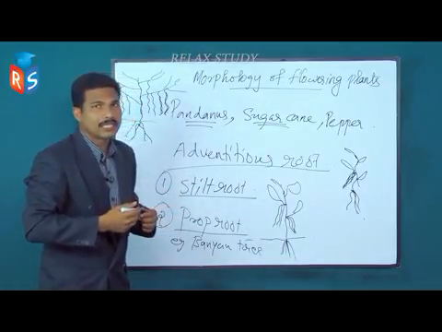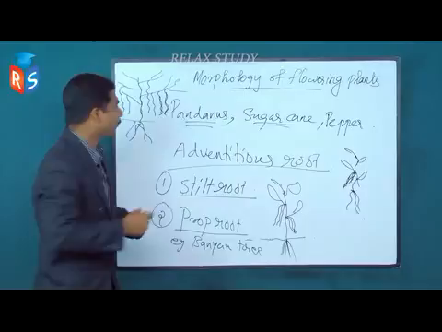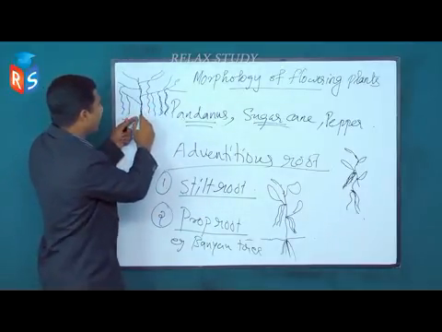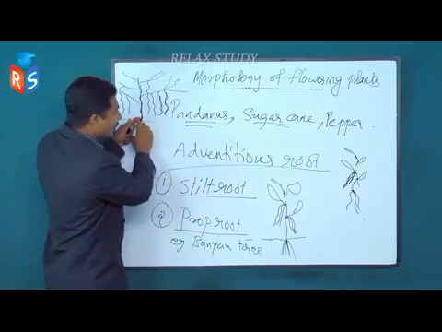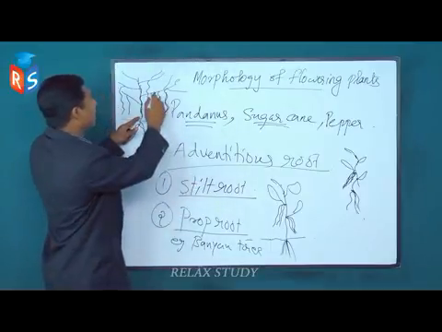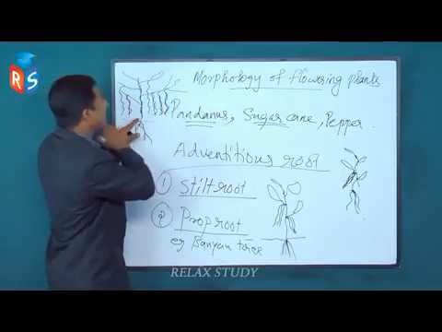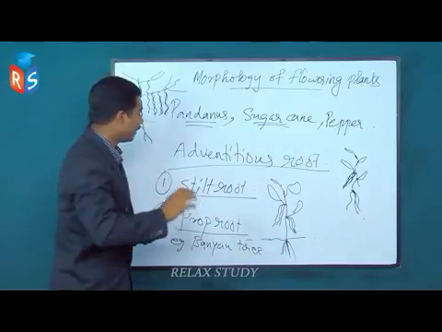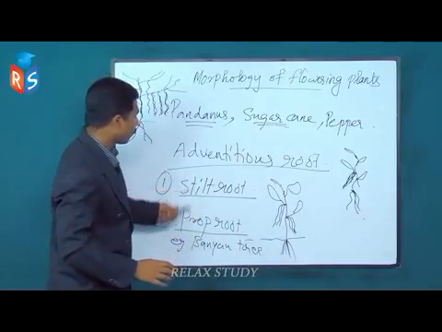So prop roots are developed not from the main stem. If it is developed from the main stem, then that is stilt root. If it is developed from the lateral branches of the plant, then that is prop root. That is the main difference between stilt root and prop root.